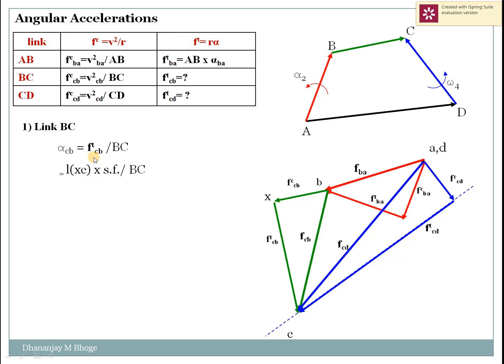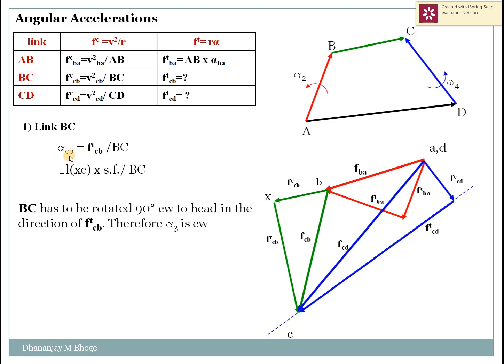FTCB is the length of the vector representing the tangential component of C relative to B. This is that vector XC. So the length of vector XC, which represents FTCB, will give the magnitude of FTCB. So length of vector XC into the scale factor with which we have plotted the acceleration diagram divided by the length of link BC gives the magnitude of alpha CB.